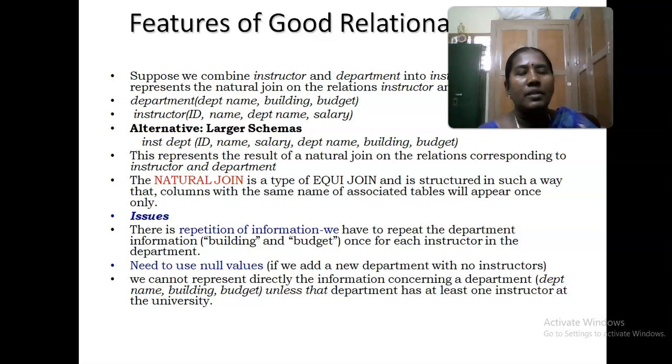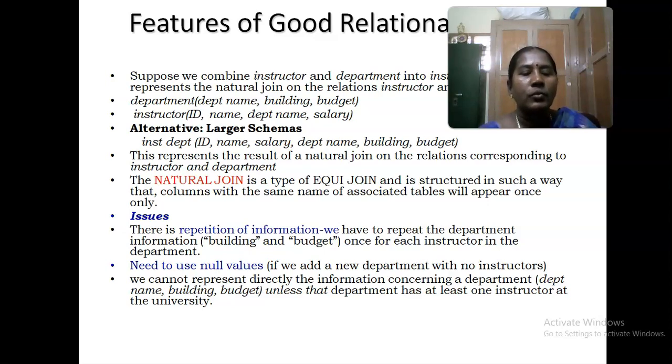This represents the result of a natural join on the relations corresponding to instructor and department. Natural join is a type of equal join that is constructed in such a way that the columns with the same name of the associated tables will appear only once. Here we face some issues, that is repetition of information. The department information, that is building and budget, is repeated for more than one instructor in the department.